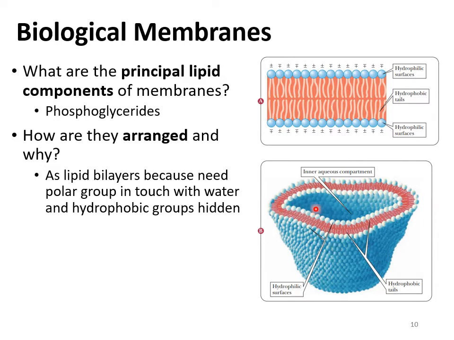And you can see that in this structure here too, the way the bilayer allows for the inner compartment and the outer surface to be in touch with water, and then the inner region of the membrane with the hydrophobic tails gets nice and hidden away.